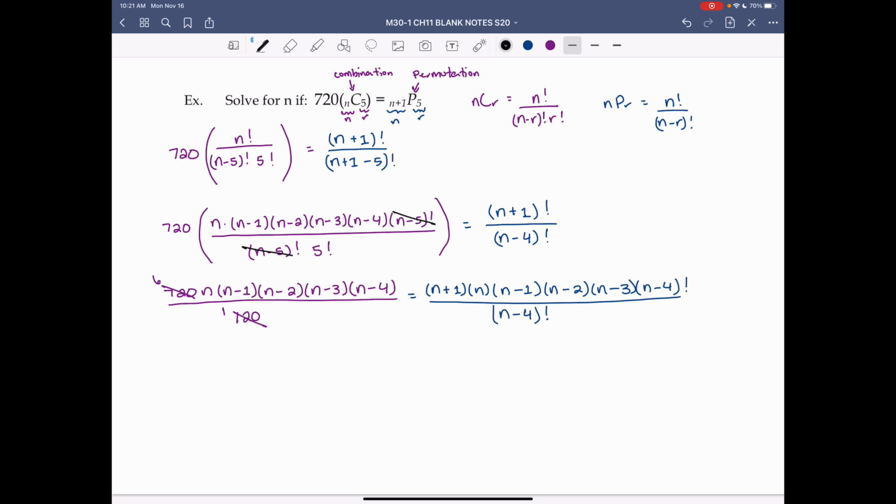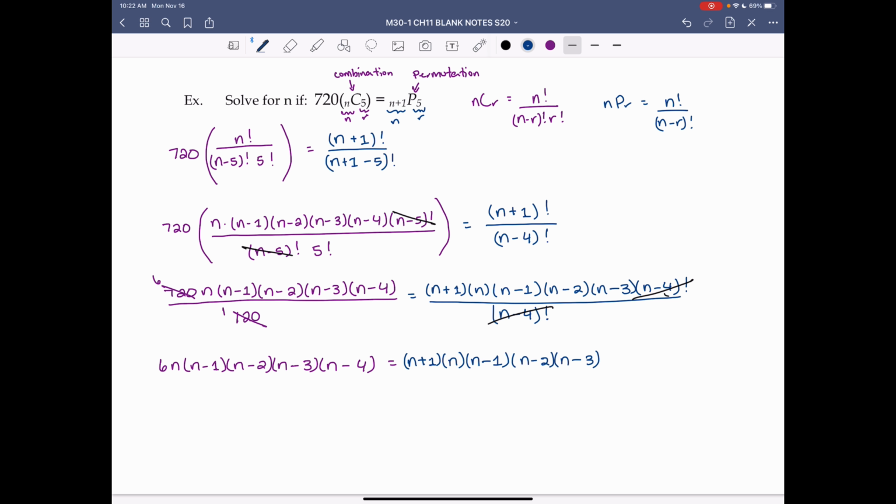Then we have n minus 4 factorial top and bottom, and can divide those out. We then have 6 times n minus 1, n minus 2, n minus 3, n minus 4 on the left side. On the right side, we have n plus 1, n, n minus 1, n minus 2, and n minus 3.